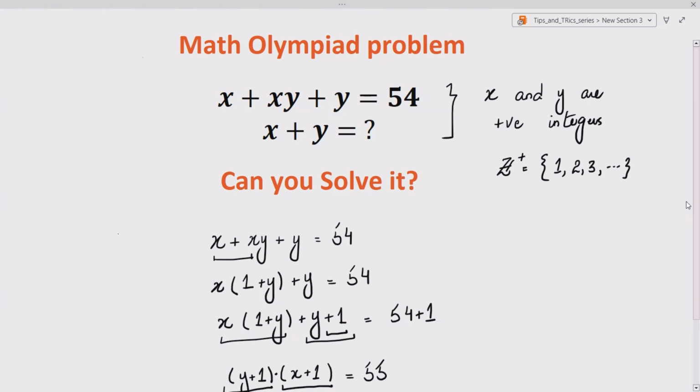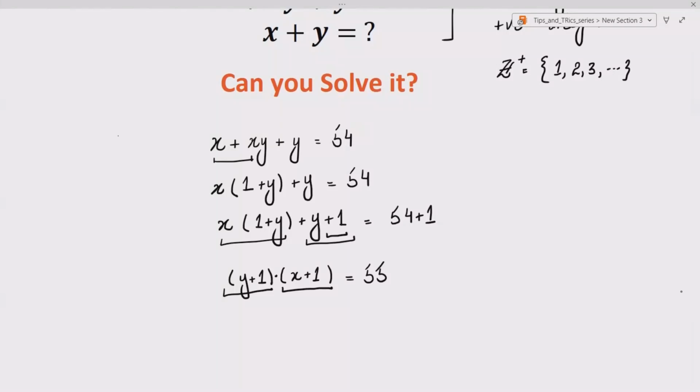So it means the value of x and y is at least 1. So y plus 1 is greater than or equal to 2 because y is greater than or equal to 1. In the same way, x plus 1 is greater than or equal to 2, because x and y belong to Z plus.